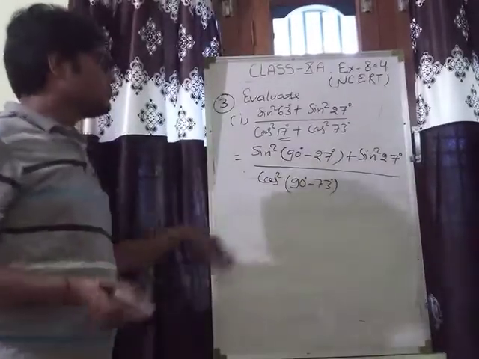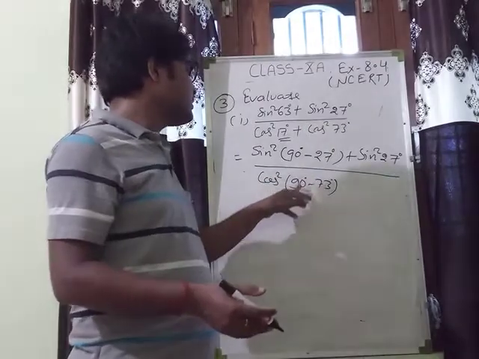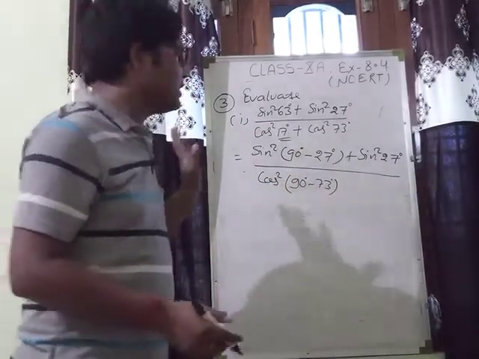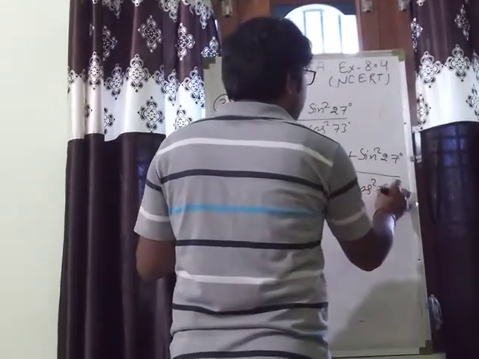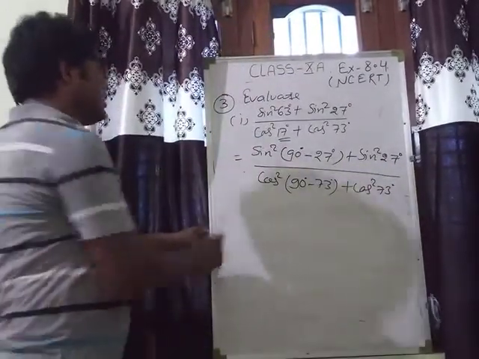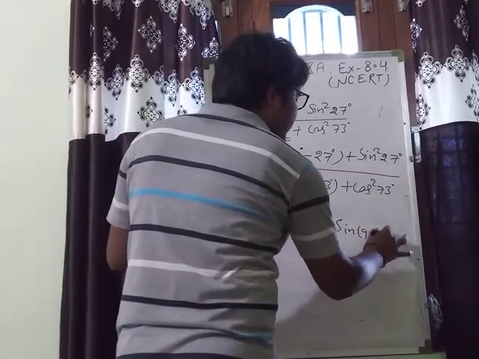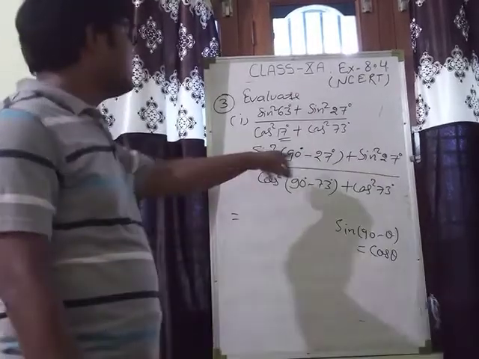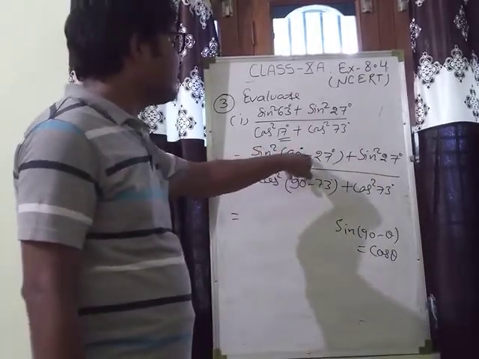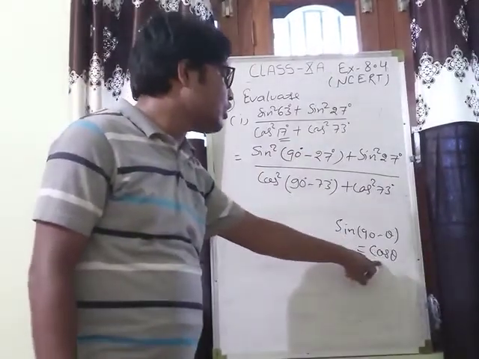You can check: when you subtract 73 from 90, it will be 17. Plus cos square 73. Okay. Now, what is sin 90 minus theta? Sin 90 minus theta is cos theta. You know this. So this one is in that form, sin 90 minus theta, and sin 90 minus theta is cos theta.